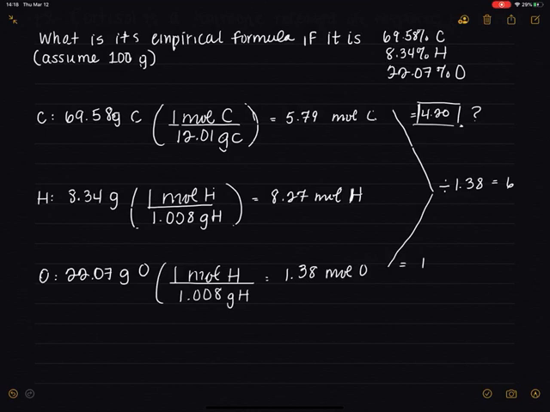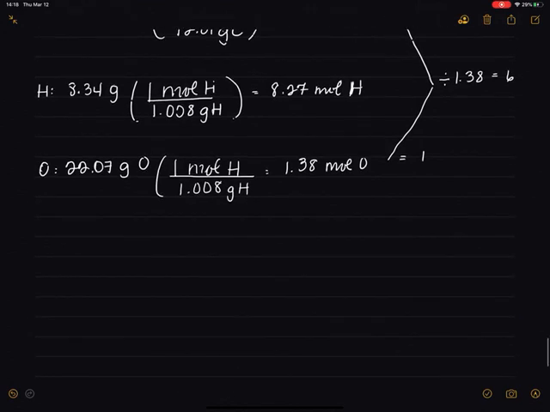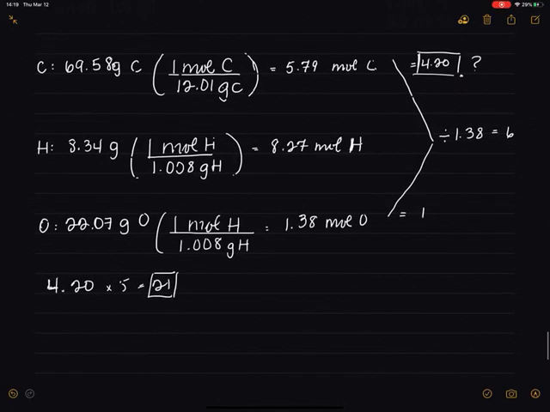Instead, we need to think about what could I multiply this by that would give me a whole number. Let's get rid of that decimal. What would be a good choice to multiply this by that would give me a round number? Multiply by 5. If I multiply that by 5, I get 21. If I multiply this by 5, what do I have to do with my other two? Multiply by 5. Also multiply by 5.